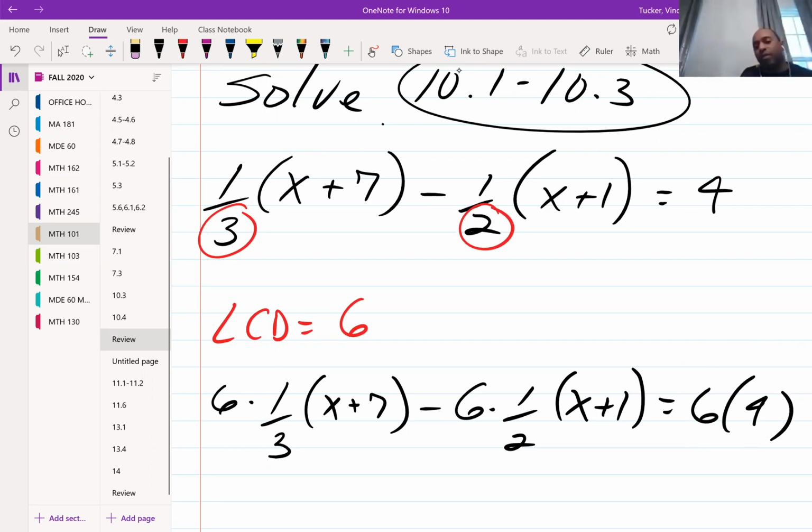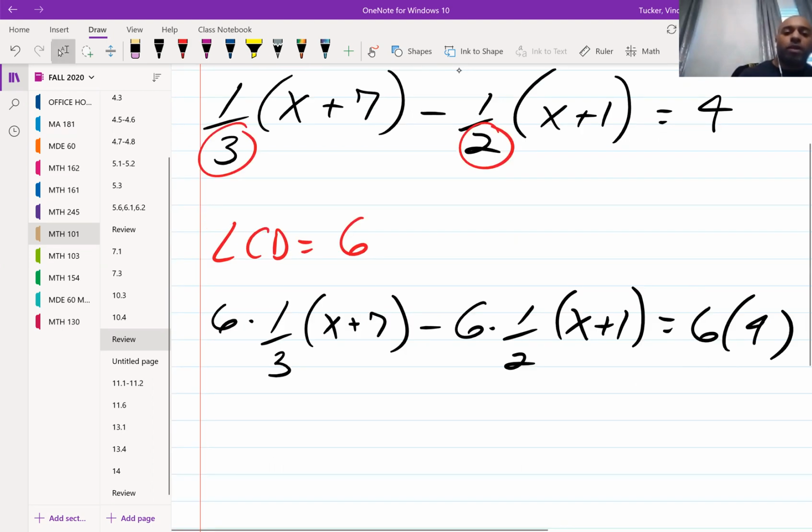So whether it has a fraction involved or not, everything needs to be affected by the multiplication of a number, or you will be changing the value of the equation. So the reason why we do this is so that this 3 can divide into 6 and leaves us with 2. This 2 divides into 6 and leaves us with 3.